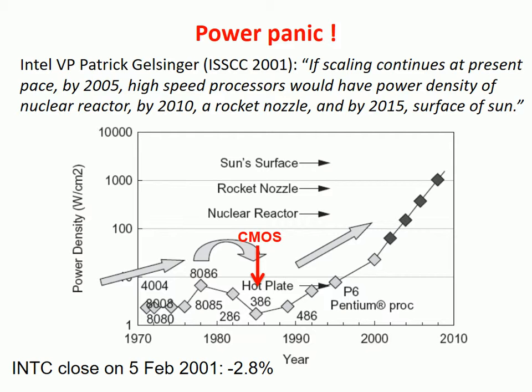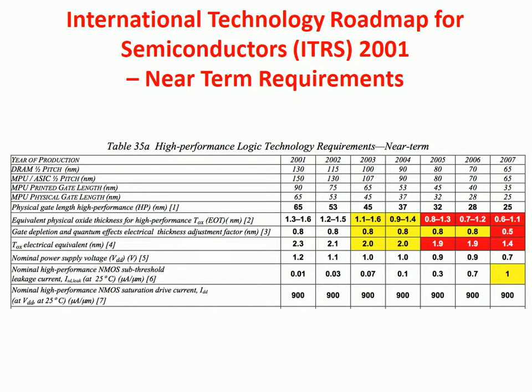Then it starts to increase, and the prediction is that once the leakage power takes over, the increase is going to be even faster and completely out of control. So something had to be done. Okay, this was the problem that the semiconductor industry faced in 2001.